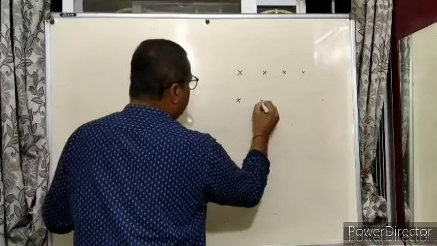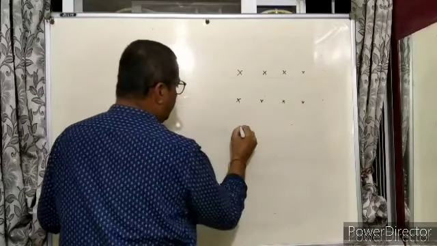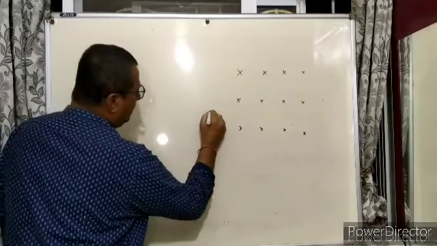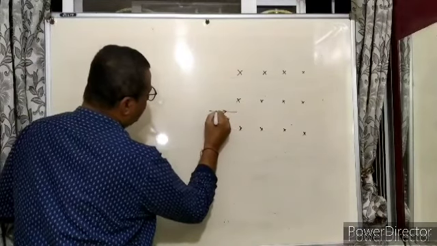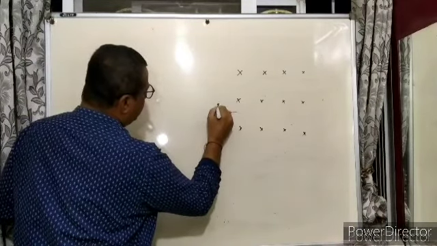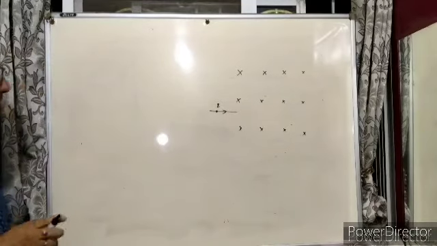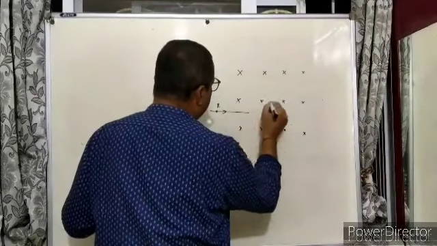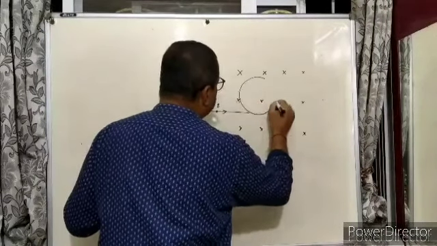When a charged particle enters a uniform magnetic field, the charged particle moves circularly.